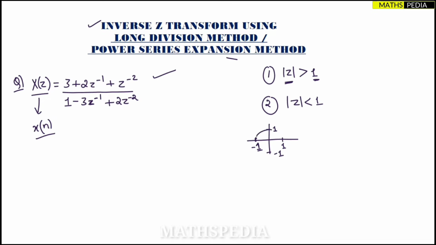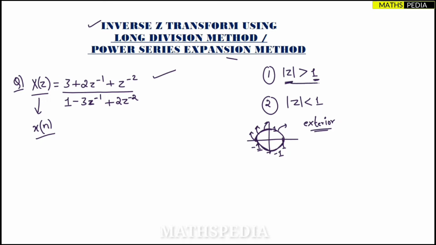If I join these, this is nothing but a unit circle, where the radius is 1. So mod z greater than 1 means outside this unit circle, which we can call the exterior of the unit circle.